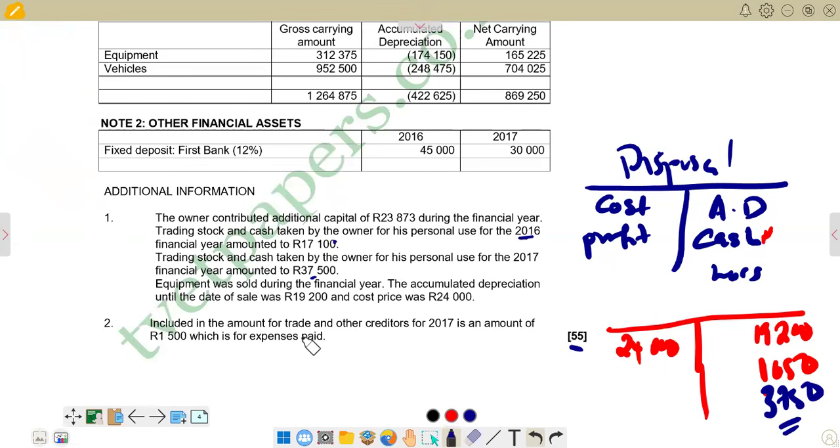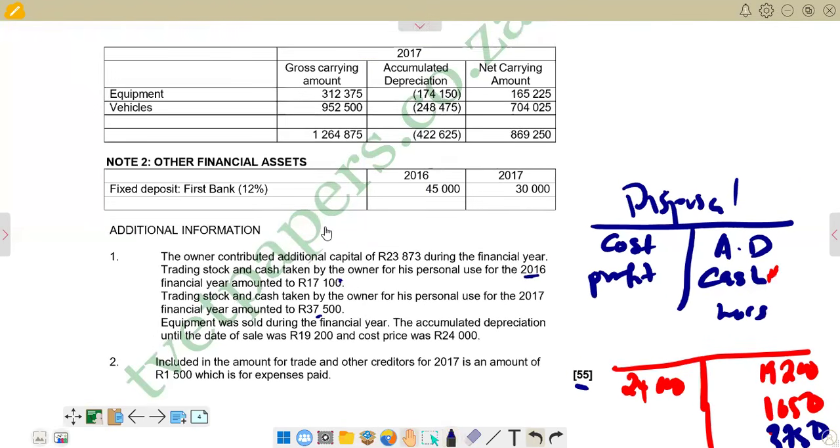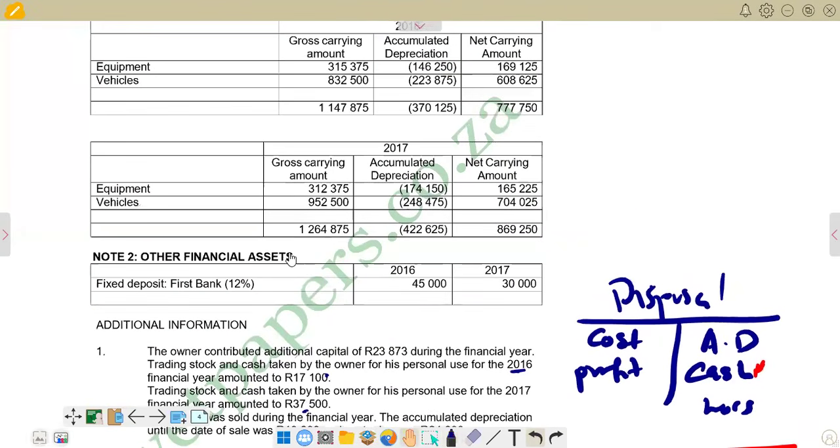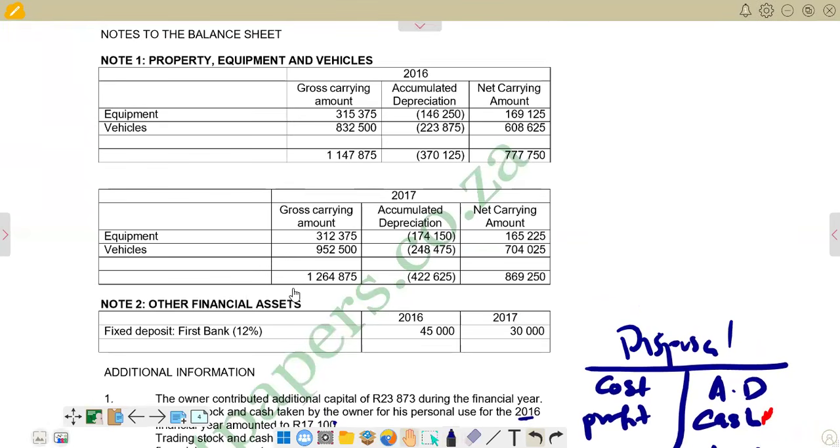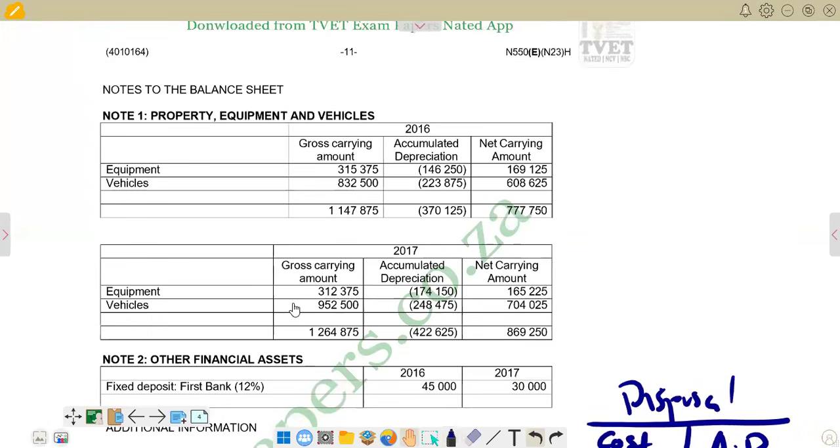Then we check in terms of vehicles. What are they saying? We are just told about equipment, which means vehicles, they are silent. It means if you go and analyze what is in the notes for vehicles, that's when you can be able to see if there's an increase or a decrease of vehicles. For vehicles, you'd see that we are given a note for 2016 and then a note for 2017.